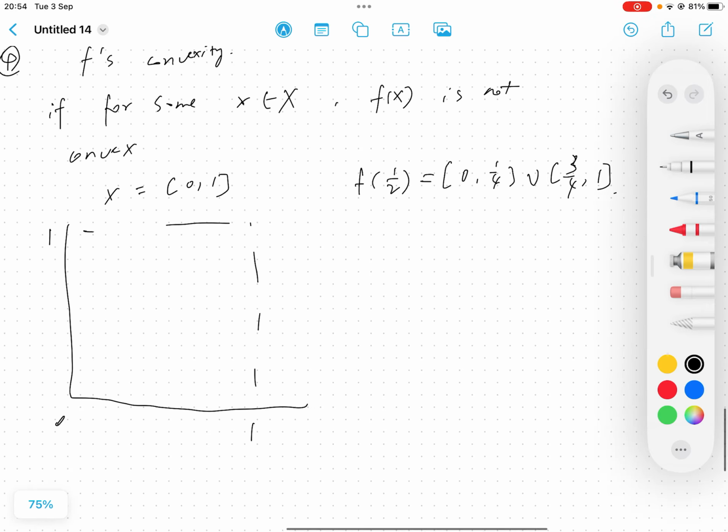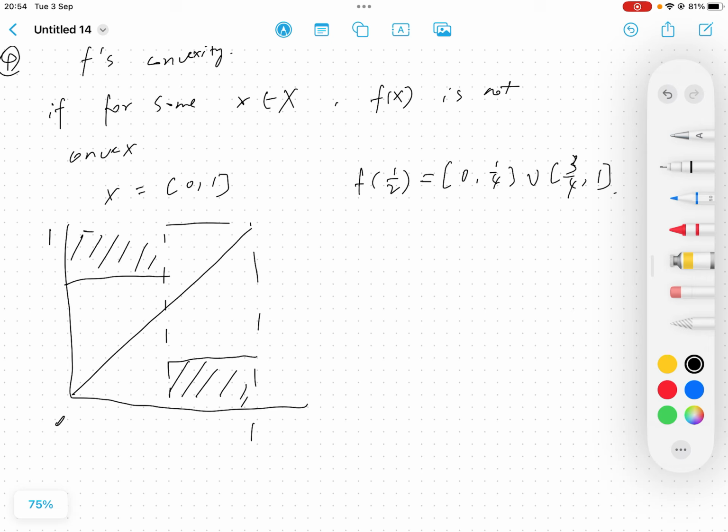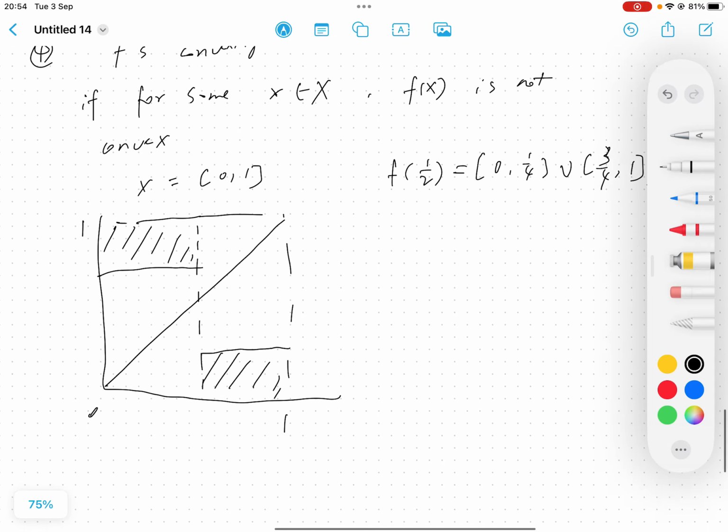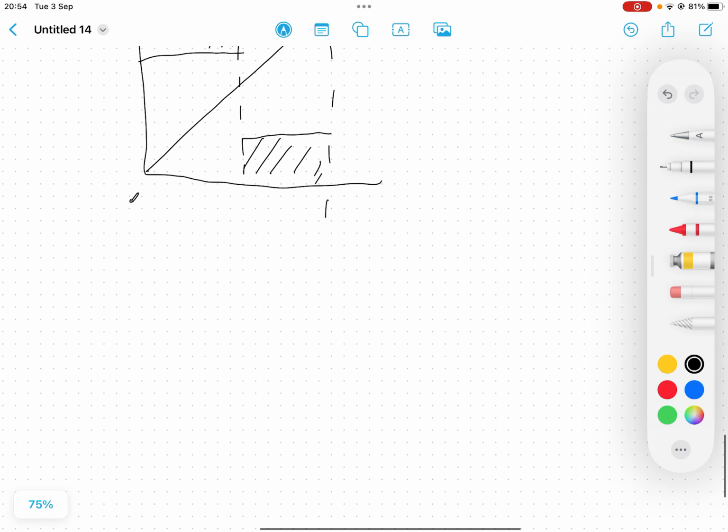So at 1/2 this becomes like this, right? And obviously in this case, as we know from the previous example, there's no fixed point, no intersection with the 45-degree line. So the last condition that we're going to violate is the closedness of the graph.